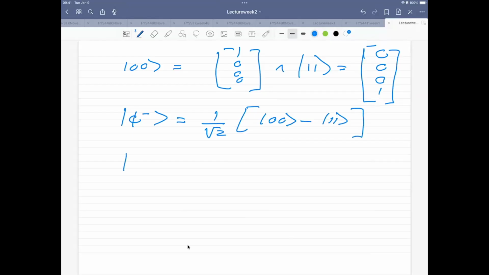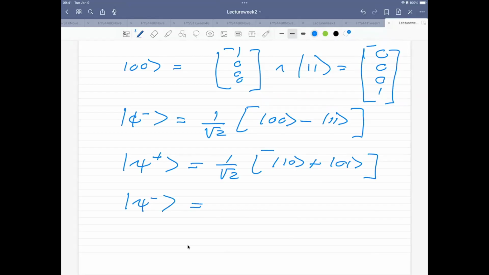The negative phases are important, actually. Psi plus is given by 1 over square root of 2, and this is a linear combination of |1,0> plus |0,1>. And finally, I have the psi minus, and this is 1 over square root of 2 of |1,0> minus |0,1>.